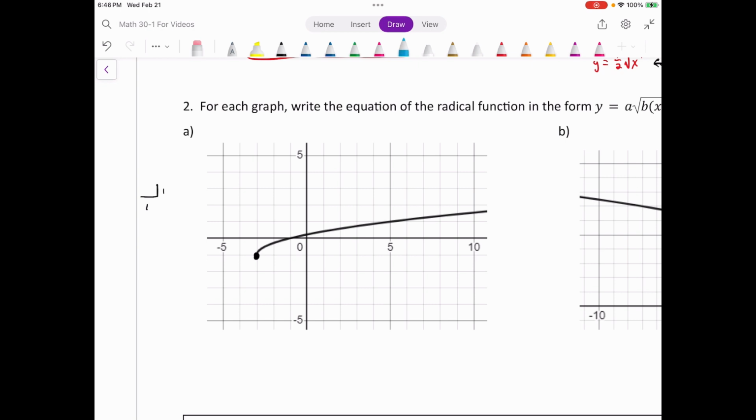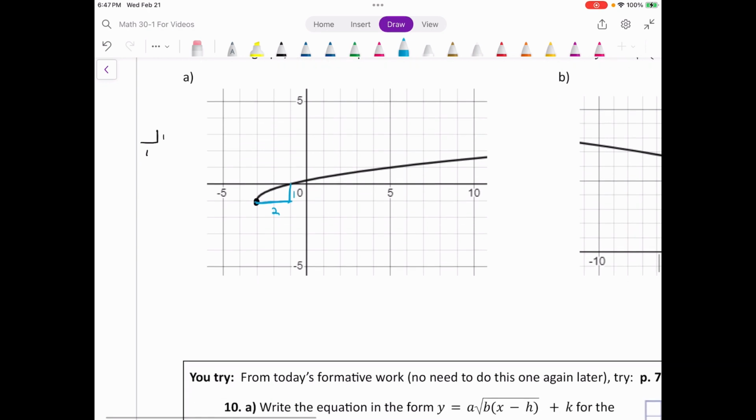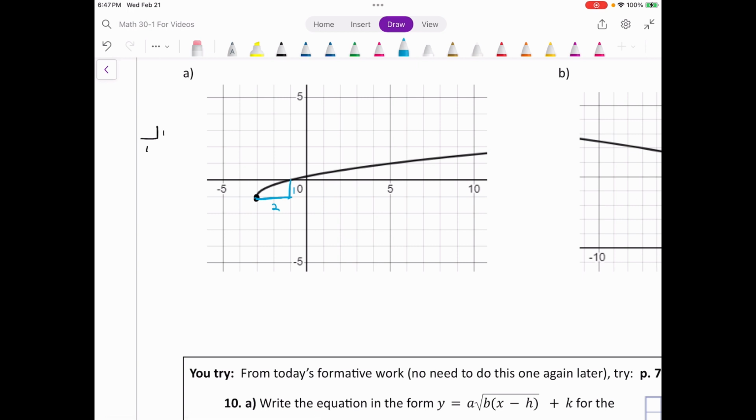So I go over 2, up 1. Now, what does that suggest? That suggests a horizontal stretch by a factor of 2, right? Every x value has been multiplied by 2. So that means b must be 1 over 2.